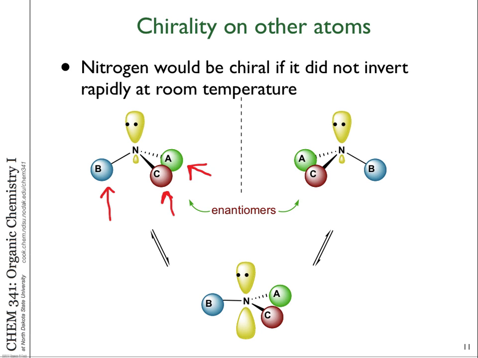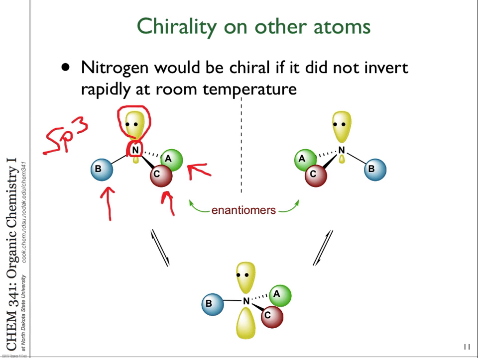Okay? And that there's a lone pair on nitrogen which occupies space, so it's also an sp3 tetrahedral atom, this nitrogen. So this lone pair is in principle a 4th group, which is different than any of the others. So nitrogen compounds are inherently chiral if you think about it this way.